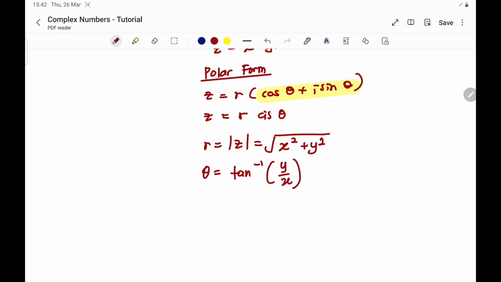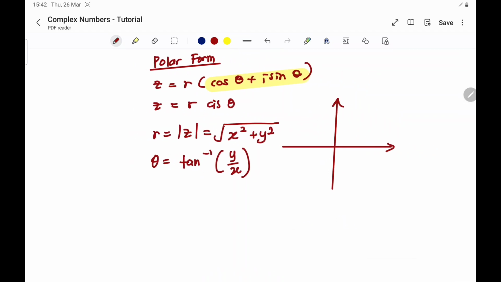Then here you have to check the angle. Just like during Maths 2 when we learned about vectors, to find the direction of your vector you have to give an angle. It is also the same here. We have the first quadrant, second quadrant, third quadrant, and fourth quadrant.